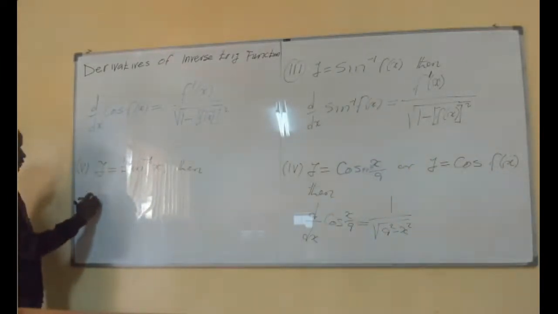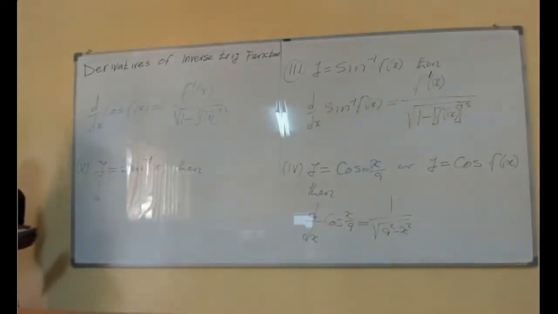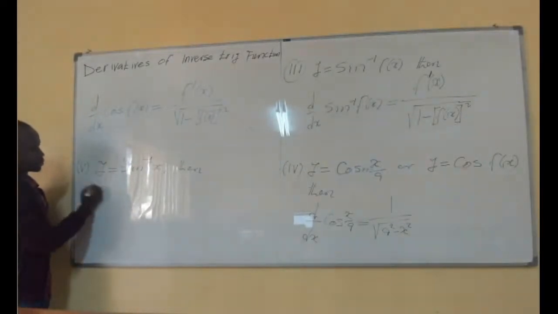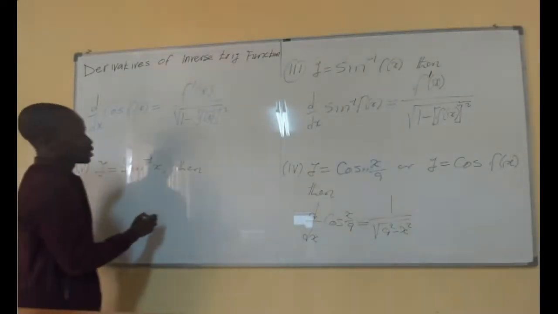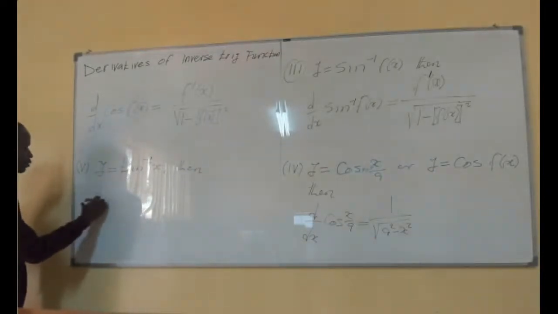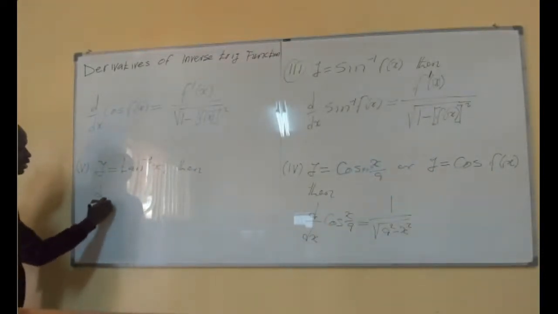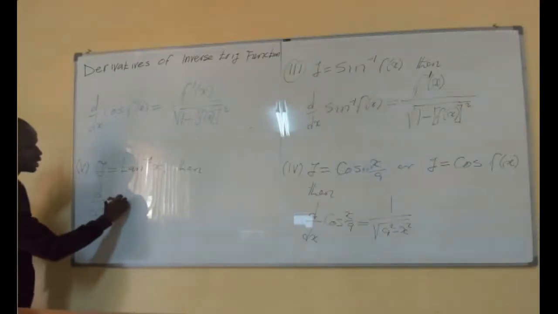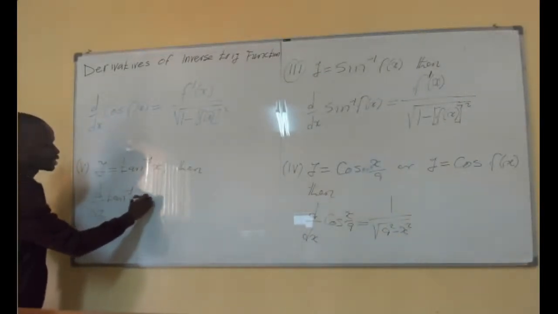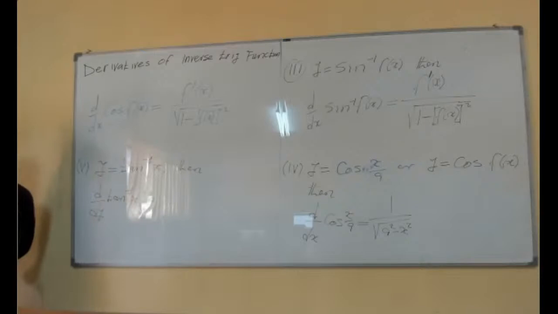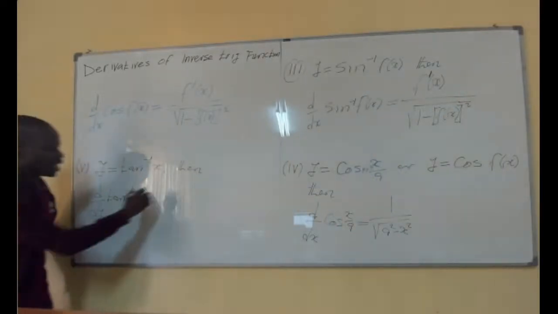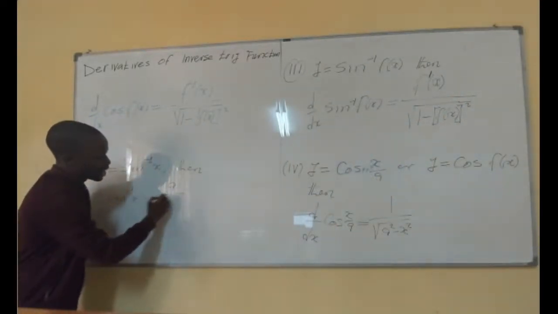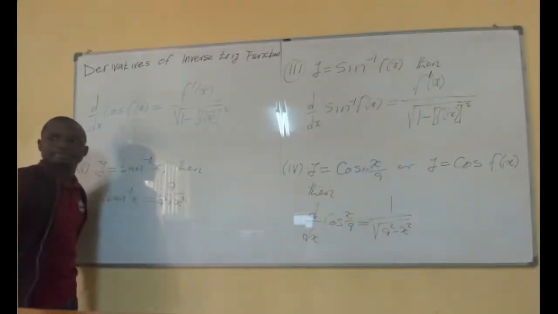Then the derivative with respect to x of the tangent inverse of x is equal to a divided by a squared plus x squared.